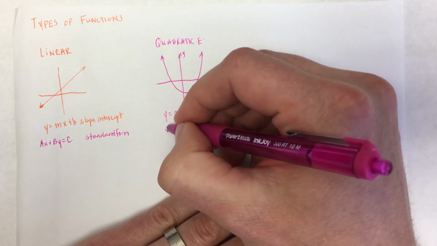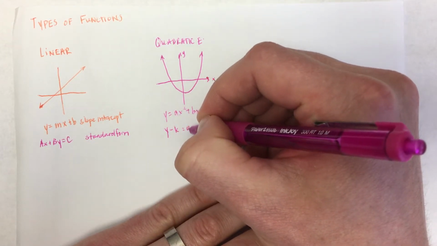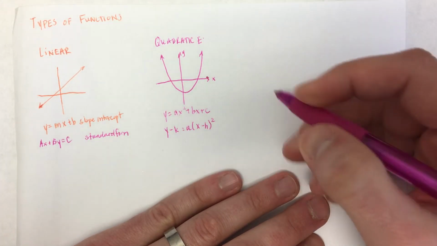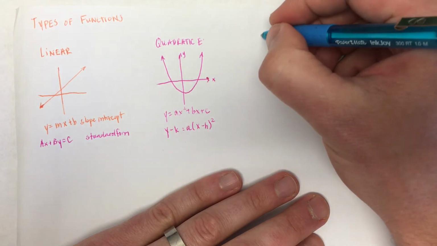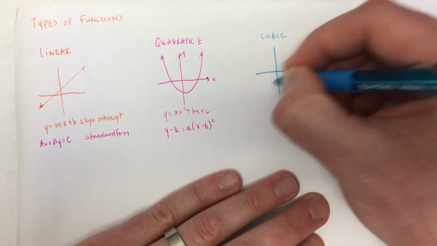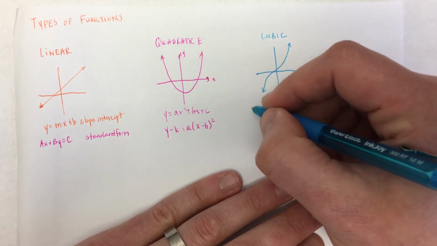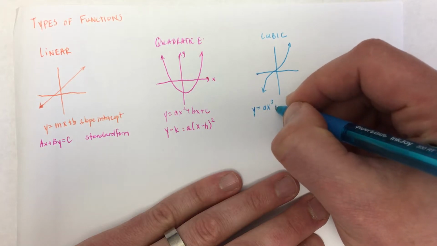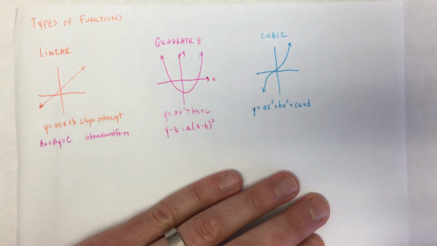There's vertex form, y minus k equals a times x minus h, quantity squared. That's one. You've seen cubics. And so y equals ax cubed plus bx squared plus cx plus d.